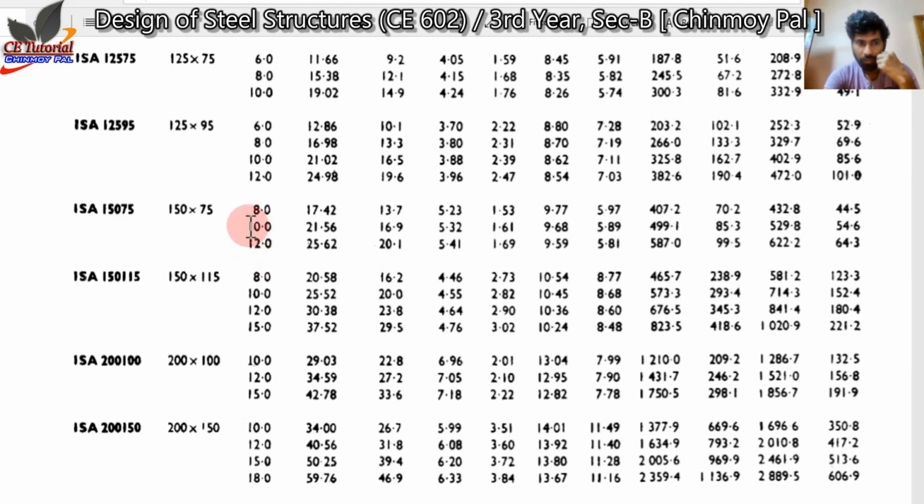That's why you have to choose the dimension of the lug angle in such a fashion that it can be attached easily with our main angle. So let us try the section ISA 150/75/8, which will be okay for our main angle, which is 150/75/10.